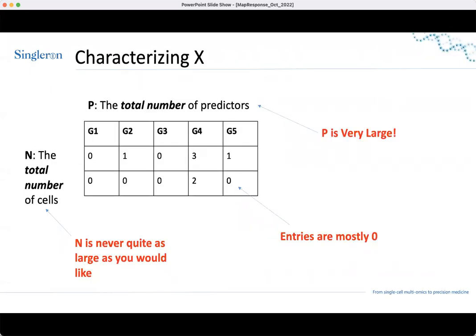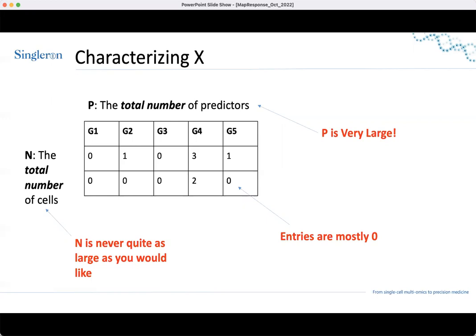Okay, so with single cell data, these data sets come with a particular structure. One of the things that we want to pay attention to, which you're probably familiar with, is the high dimensionality of this data set, right? If we say P is the total number of predictors, or the total number of genes in our case, then we know that P is very large.